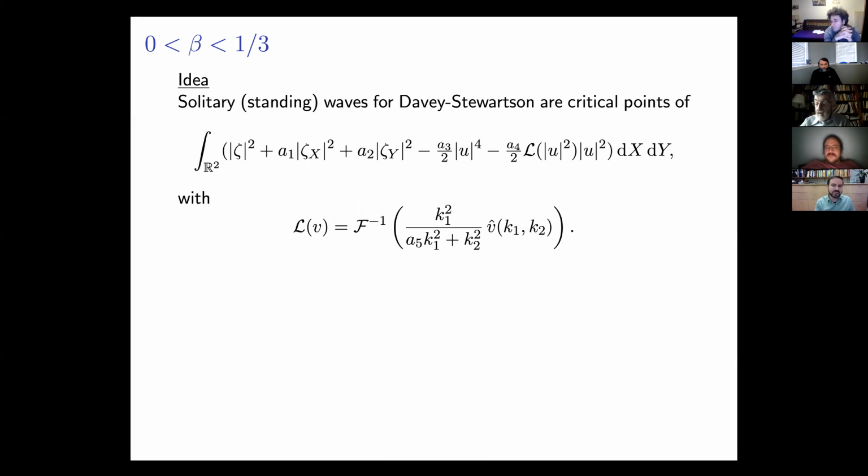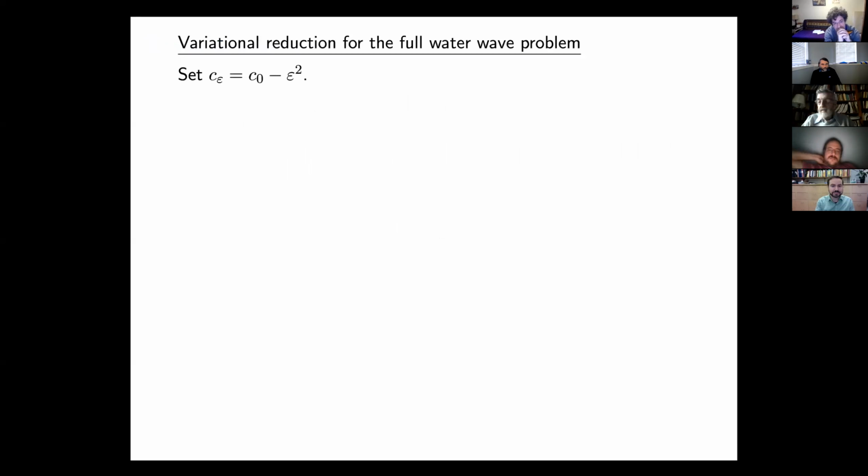We will reduce to another functional, and we reduce the dimension by looking close to the wave numbers we're interested in. We get a reduced variational functional, which is easier to handle. In Craig and Nicholls, they get a finite dimensional problem. Here we still get an infinite dimensional problem, but it's simpler to deal with.